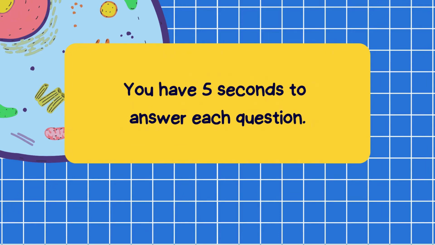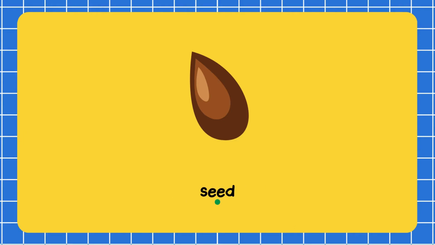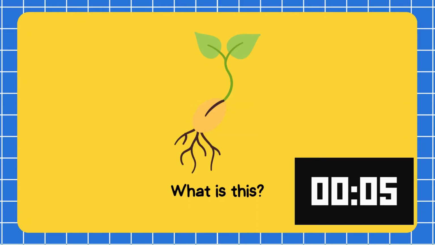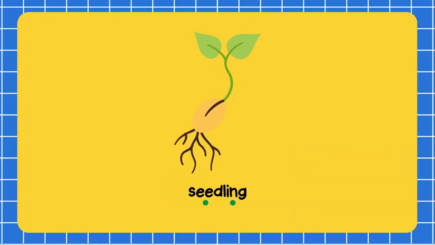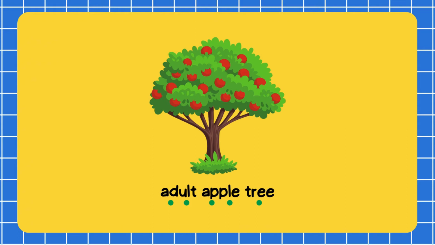You have 5 seconds to answer each question. What is this? Seed. What is this? Seedling. What is this? Adult apple tree.